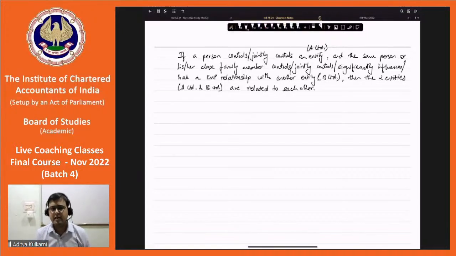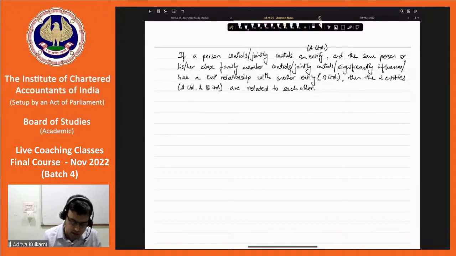So this is the summary. If a person controls or jointly controls an entity, so Mr. A exercising control over A Limited or joint control over A Limited, and the same person, that is Mr. A or his or her close family member, jointly controls or significantly influences or has a KMP relationship with B Limited, then the two entities A and B Limited are related to each other.